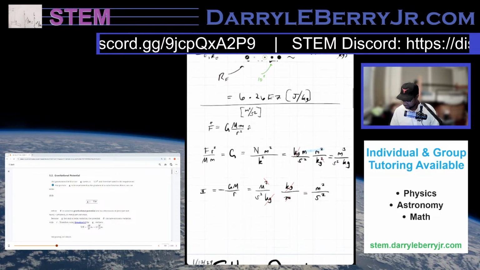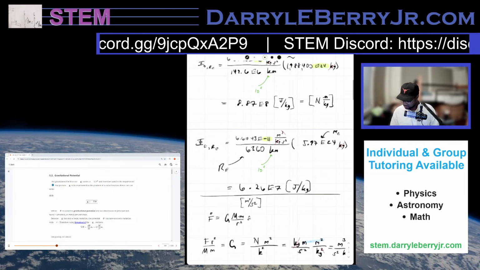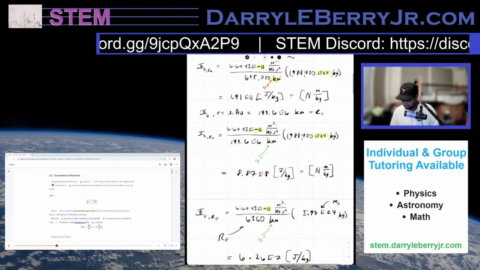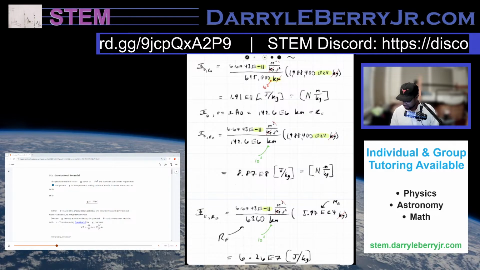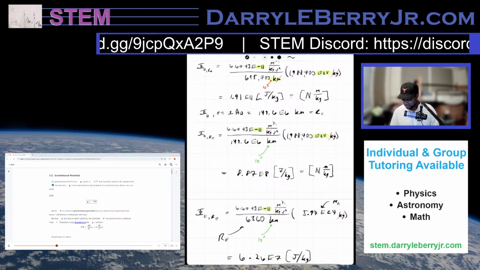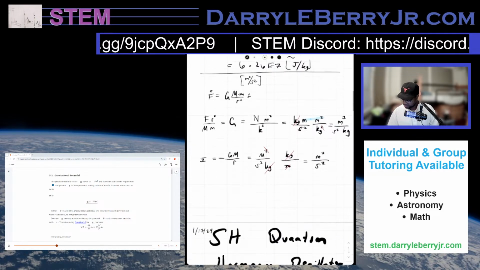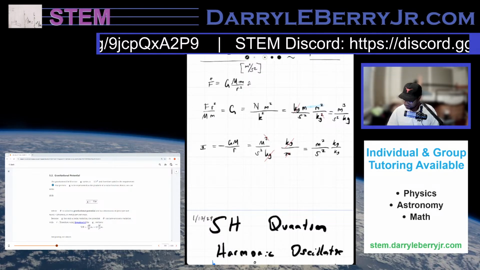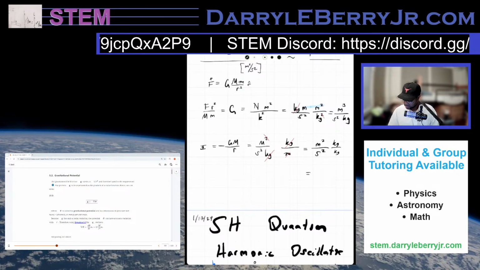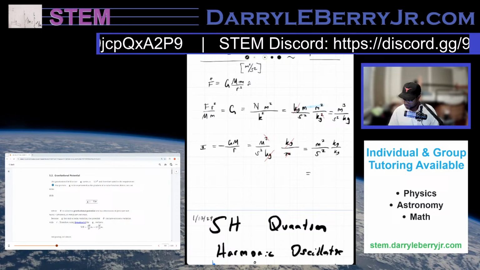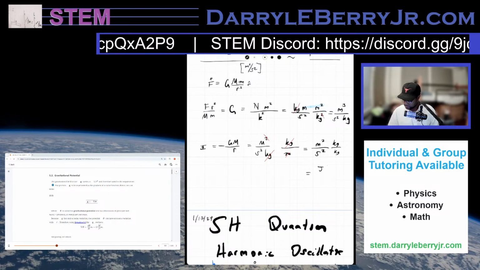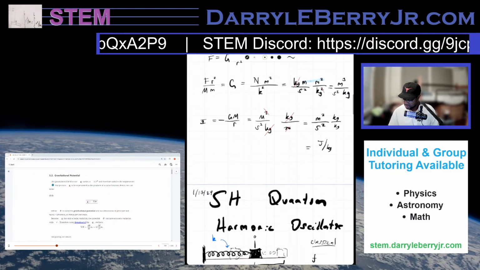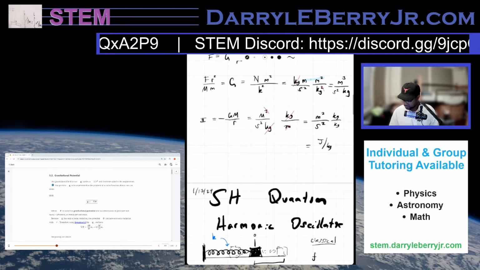And then we can do like we did up here and multiply various things in, like multiply by kilogram, to start to make it into joules. So if we multiply kilogram over kilogram, we end up with joules, which is kilograms meters squared over second squared. So we have joules per kilogram, and so on and so forth.